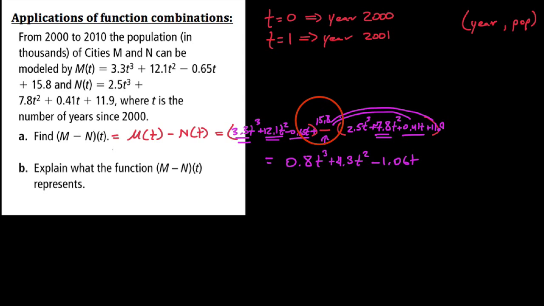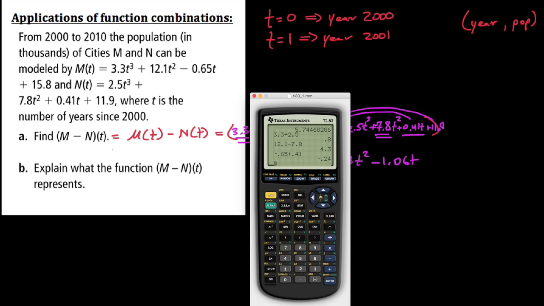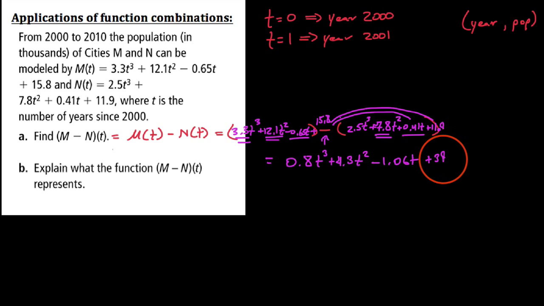So 15.8 minus 11.9 gives 3.9. So plus 3.9, and this would be our new function M minus N of T.